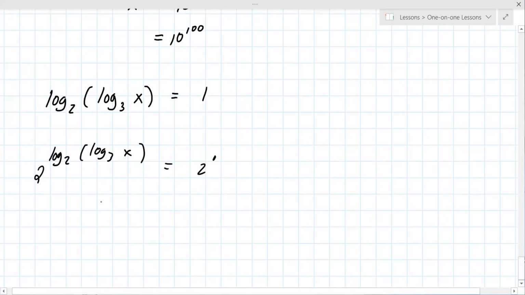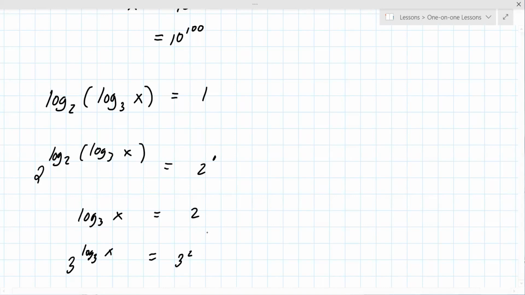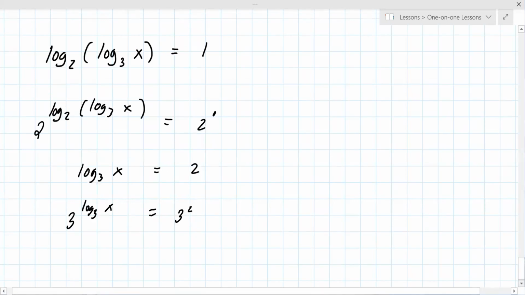On the left side, this becomes log base 3 of x equals 2. Then would we just undo log again with 3? Yes, 3. So it'd be 3 to the log base 3 of x equals 3 to the power of 2. And it would be 9. Exactly, x equals 9.